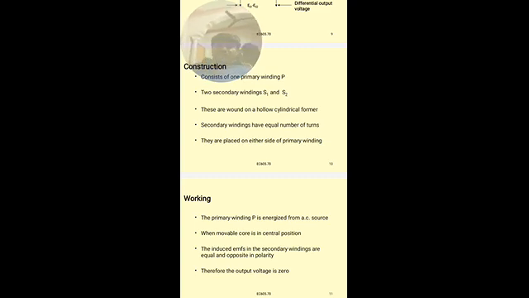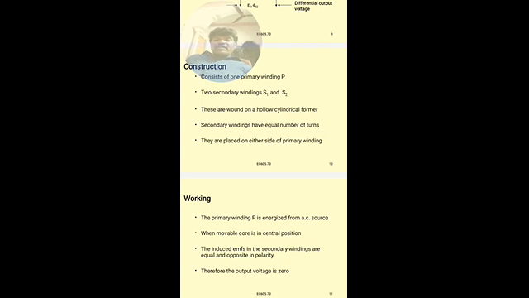When the core is at the center position, the induced EMFs in the two secondary windings S1 and S2 are equal and opposite in polarity. So therefore the output voltage, which is the difference of the two, will be 0.